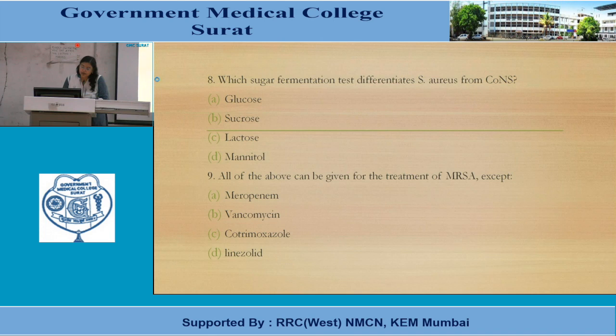All of the above can be given for the treatment of MRSA except? So all these drugs, vancomycin, cotrimoxazole and linezolid, can be used for treatment of MRSA, but meropenem cannot be used. So the answer will be A, meropenem.